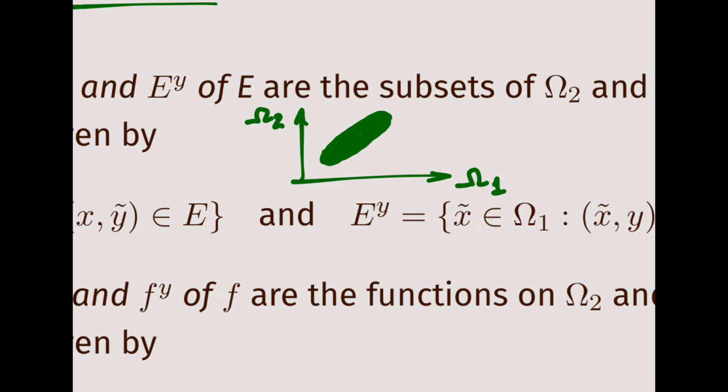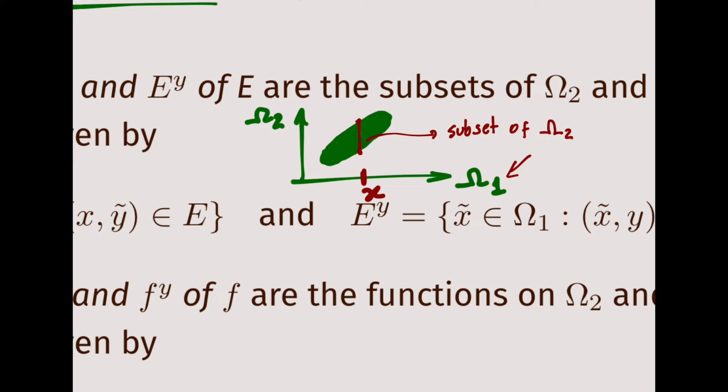We fix some x here in the domain, in the first sample space. We fix x, and now we consider this set here. This set, the red set, is a subset of omega 2.